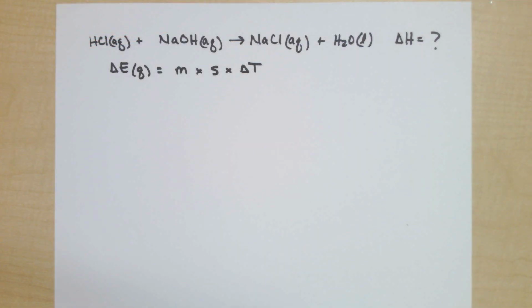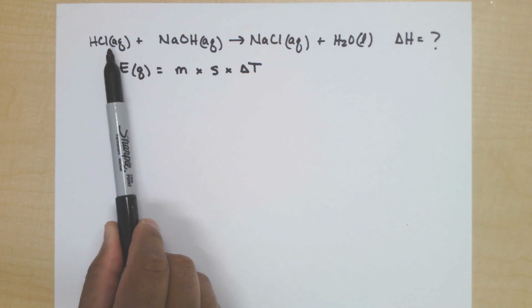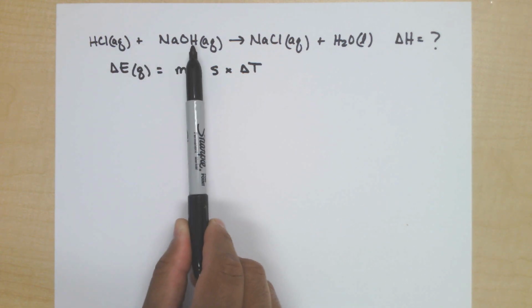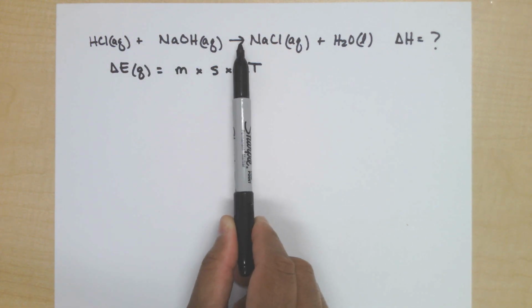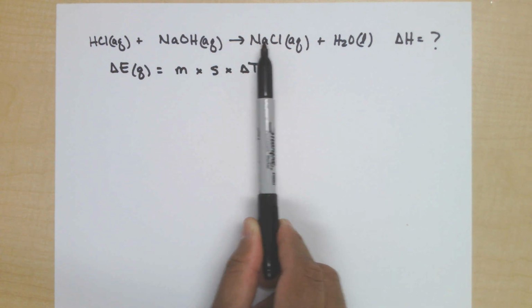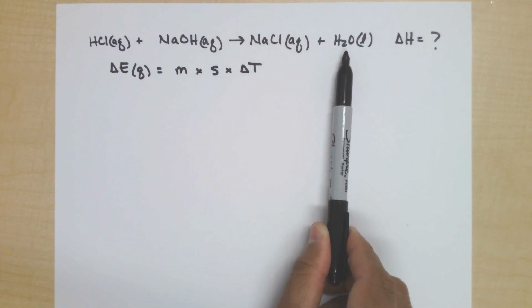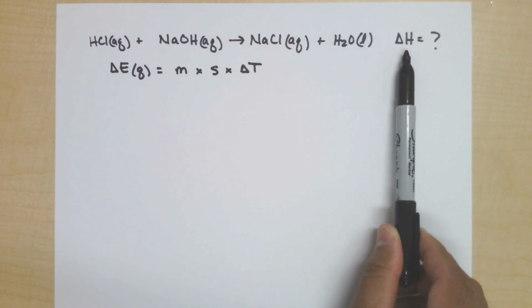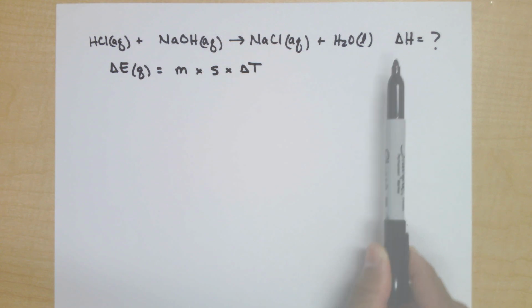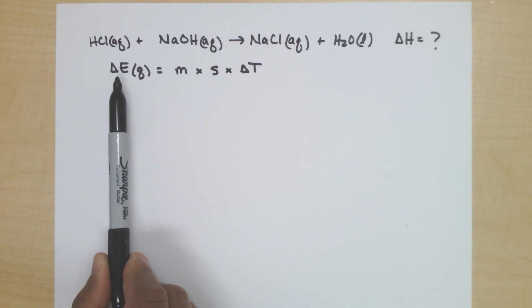Here is a classic calorimetry experiment where hydrochloric acid is neutralized by sodium hydroxide to yield sodium chloride and water. Along with this balanced equation, we have the change in enthalpy, or delta H. This is the equation that we'll use.